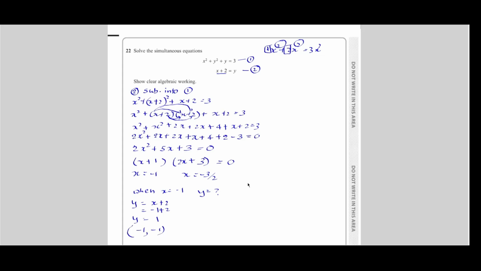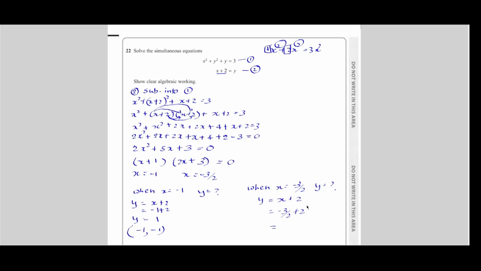Next one. When x equals minus 3 over 2, what is y? So let's substitute. y equals x plus 2. x means minus 3 over 2 plus 2. So use the calculator, those who can simplify, simply.